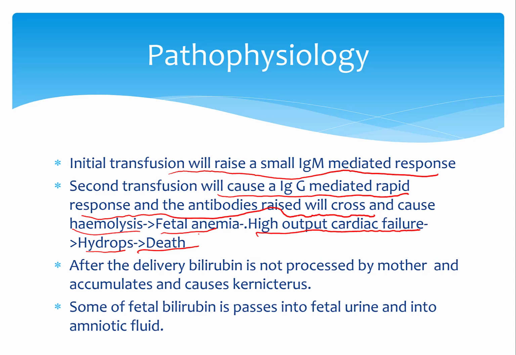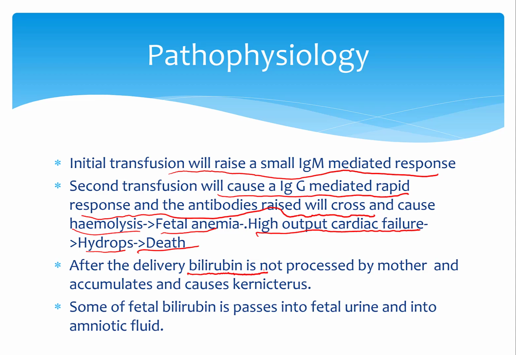Even if the anemia or hemolysis doesn't move into the level of heart failure and causing fetal death in utero, the amount of hemolysis, if it is very high, until delivery, that hemolysis byproduct, so the bilirubin, will be processed by the mother.